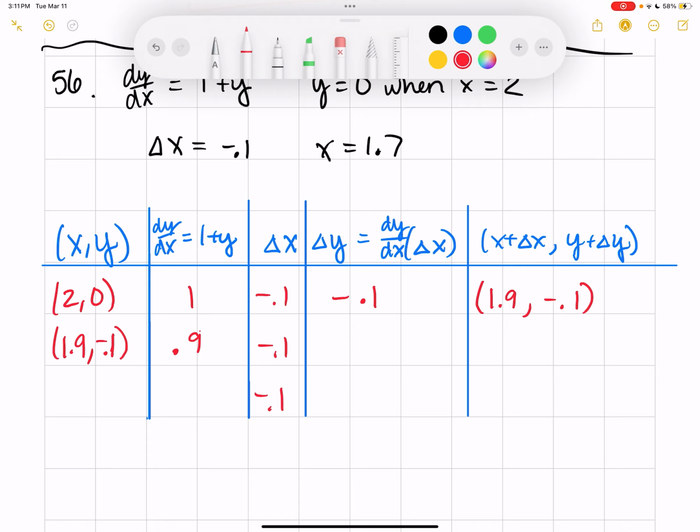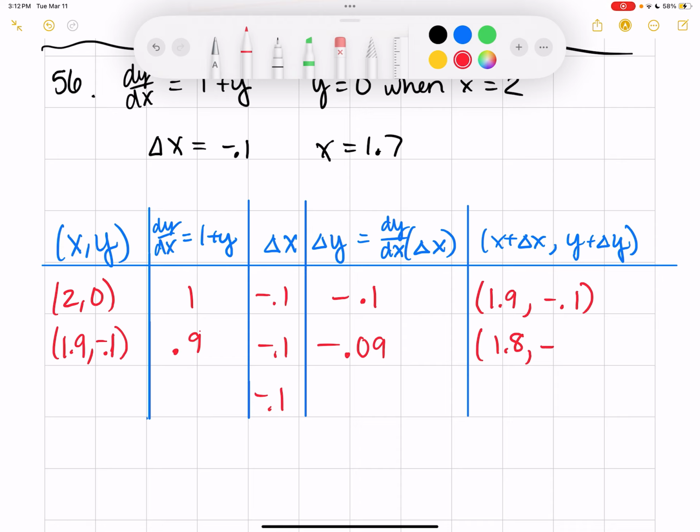Then over here, what is that? Negative 0.09. So then this is 1.8, and this is 0.19.